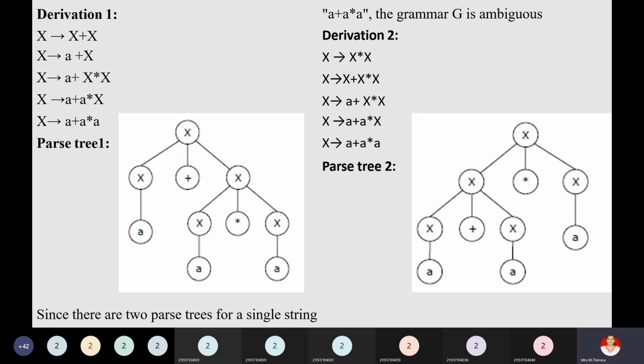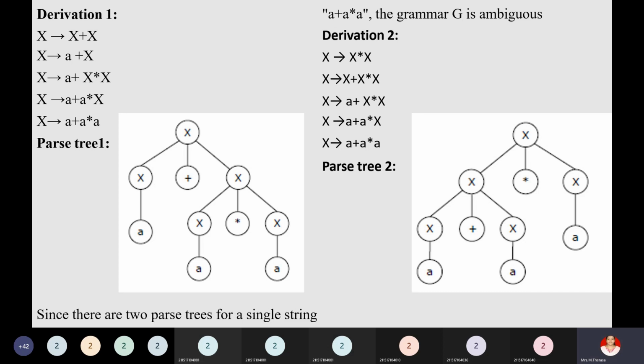Similarly, in the other derivation, you can choose x star x, then the first x can be replaced with x plus x, then these x's can be replaced with a, a, and a. At last, the yield of the parse tree is the same, a plus a star a, but look at the structure of the tree. Here, both are different. At this level, you have x plus x in one and x star x in the other.